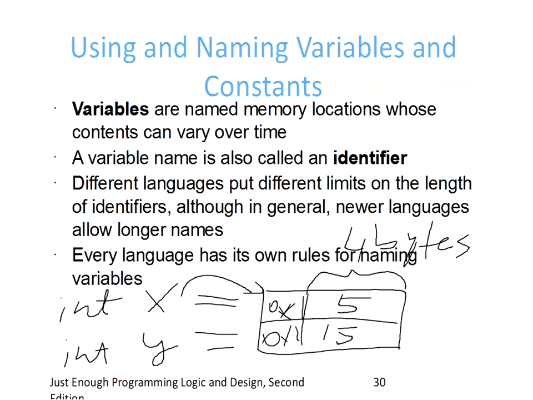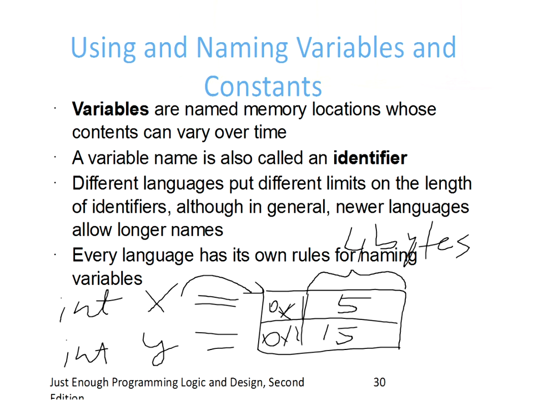I need to find 4 bytes in memory and reserve it for that one variable. And that's why in your homework assignment you're going to see some things like a variable is a number. Now, can I assign a string to a number? Well, the string is a different size than a number, so no, I cannot assign a string when I'm specifying that it was a number.